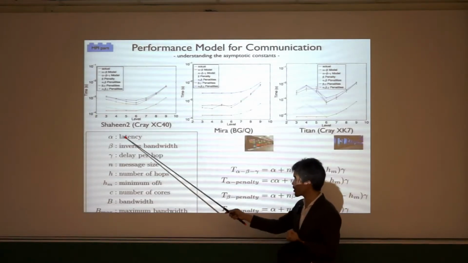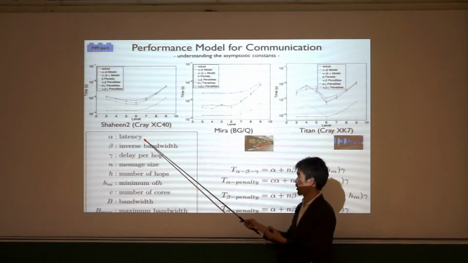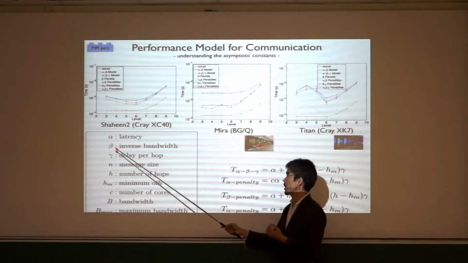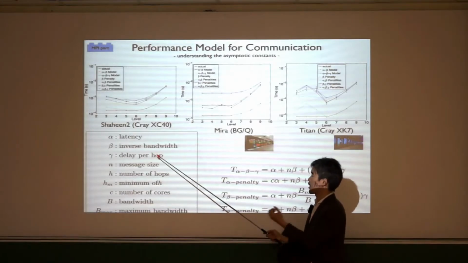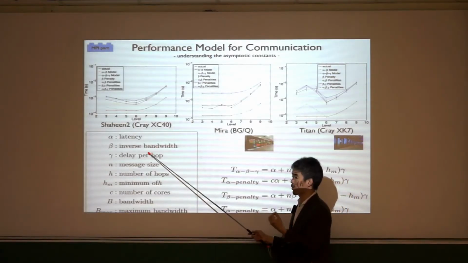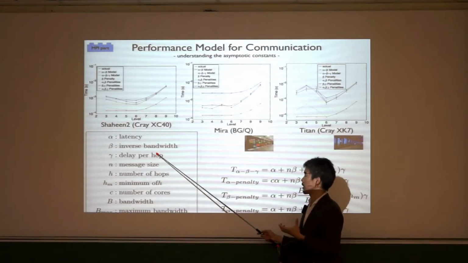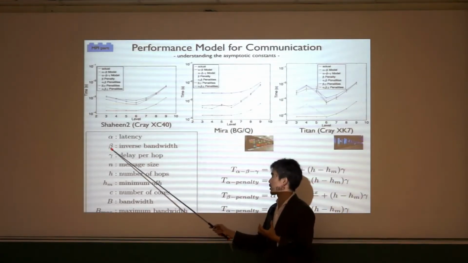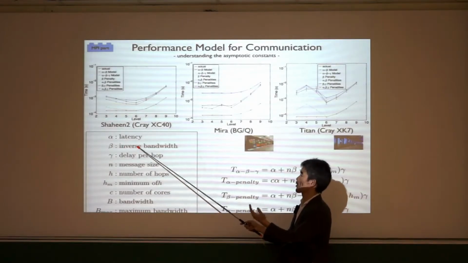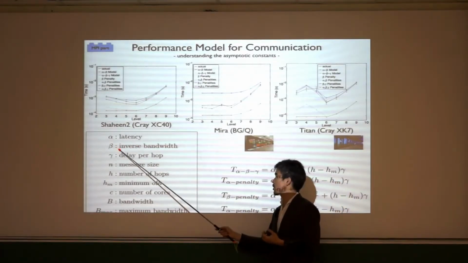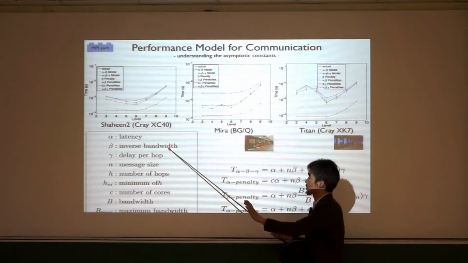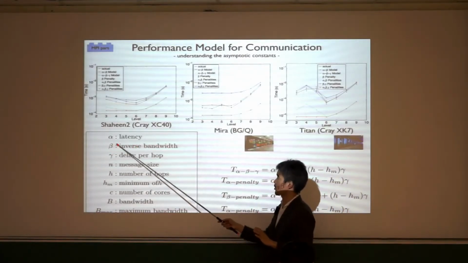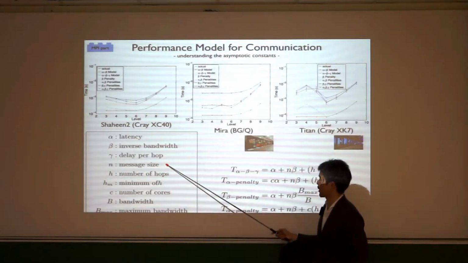This part is called the latency of communication. The inverse bandwidth is roughly the time it takes to send a given amount of data. If the bandwidth is large, this number is small, and so it would take a smaller amount of time to send the same amount of data.